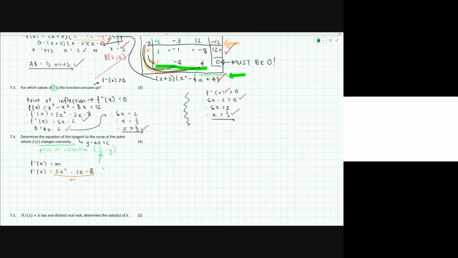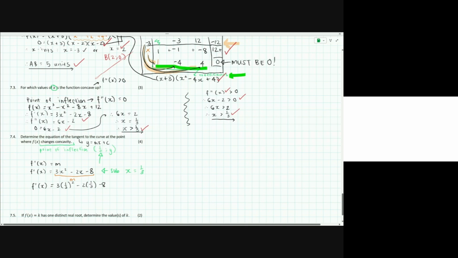And so what I can do is substitute in my x value, because I know that I'm looking for the gradient at that specific coordinate. So I can now go and find what the first derivative's value is when x is a third. Just substitute it in.